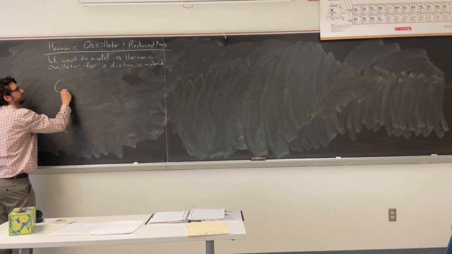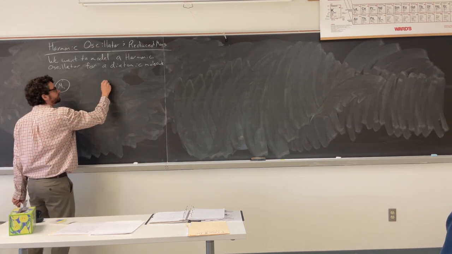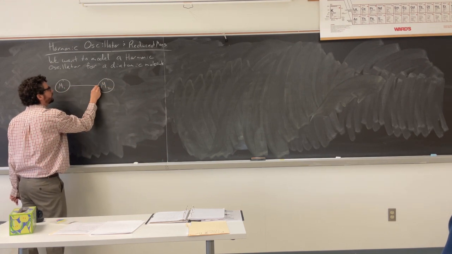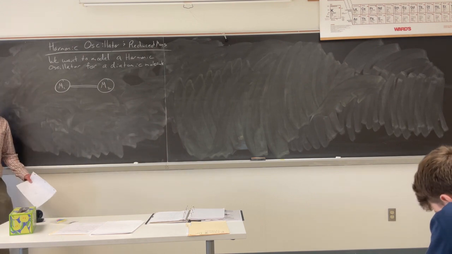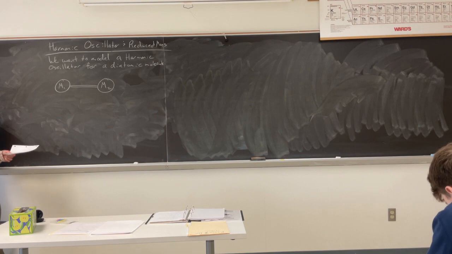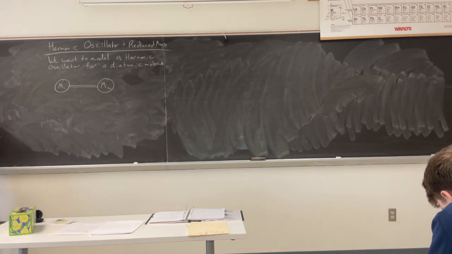Let's say we had 2 bodies. We'll call this guy M1 and this guy M2. And they're connected together through some connection. Could be a bond for diatomic molecules.